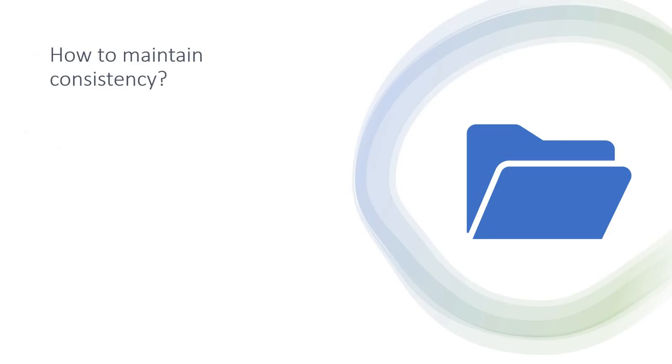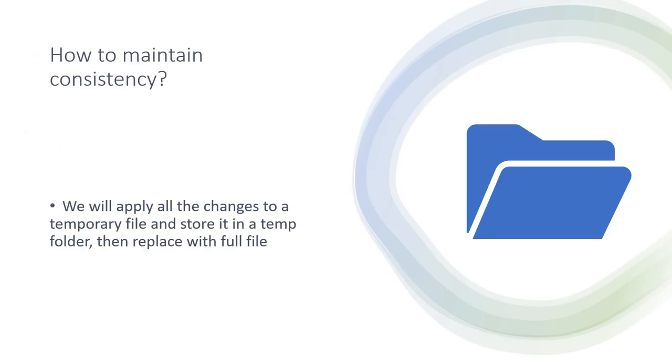The second question could be how to maintain consistency. Let's say you are updating a file, and you might update multiple chunks. When another client is receiving updates, it might receive chunk by chunk. Is it a good way for a user to see a file getting updated in parts, because each chunk is a part?